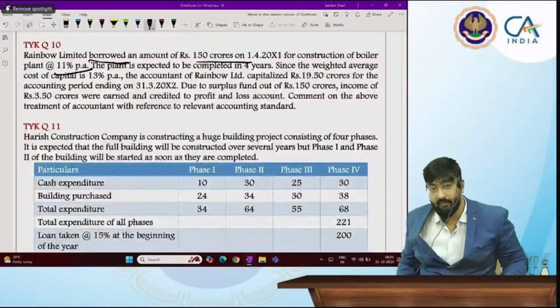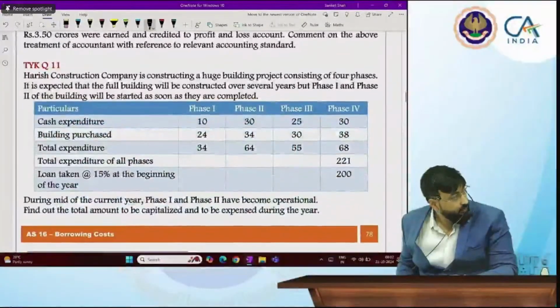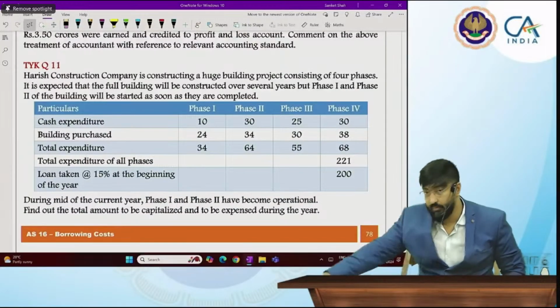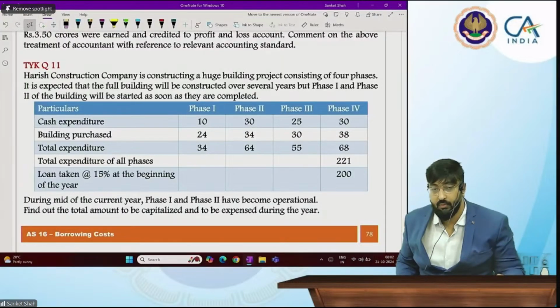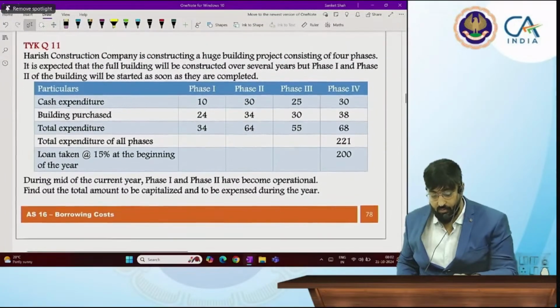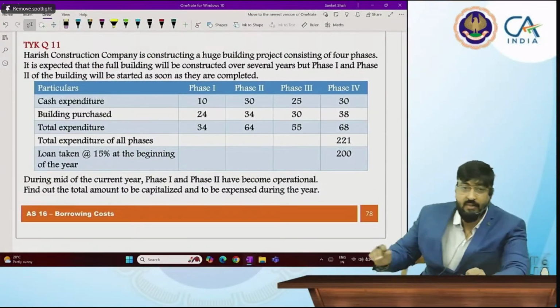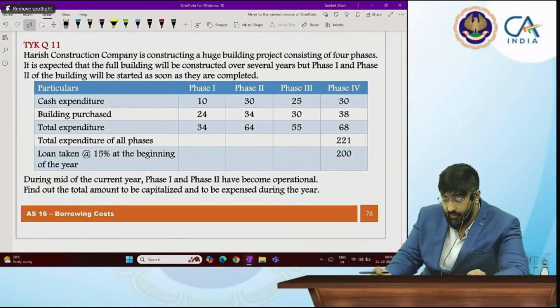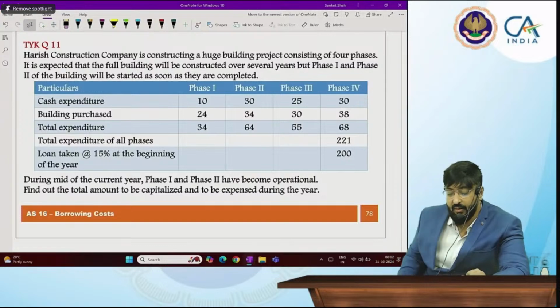TYK 11. Harish Construction Company is constructing a huge building project consisting of 4 phases.